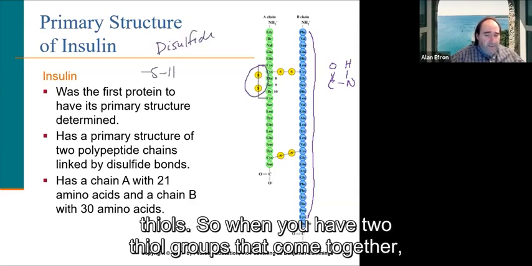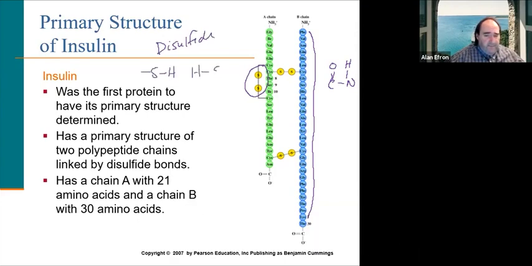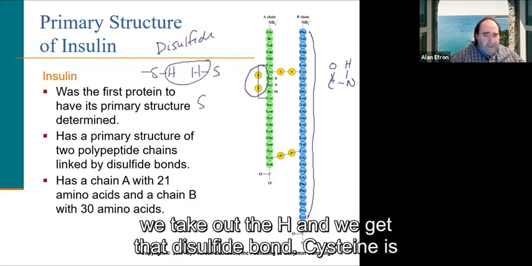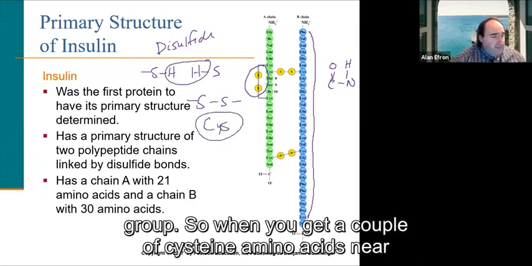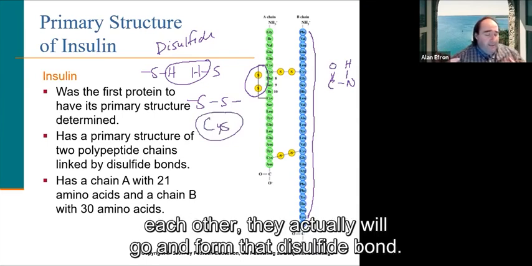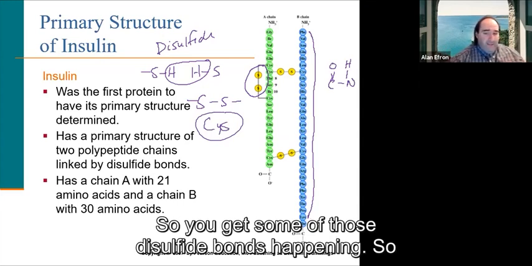So when you have 2 thiol groups that come together, we take out the H and we get that disulfide bond. Cysteine is an example of that. That's an amino acid that actually has that SH group. So when you get a couple of cysteine amino acids near each other, they actually will go and form that disulfide bond. So you get some of those disulfide bonds happening.